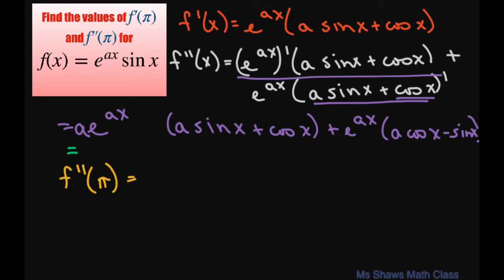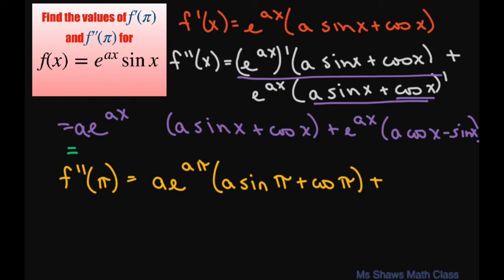This is going to be equal to a e to the power of a times pi, and then we have a sine of pi plus cosine of pi, plus e to the power of a times pi, and then we're going to have a cosine of pi minus sine of pi.